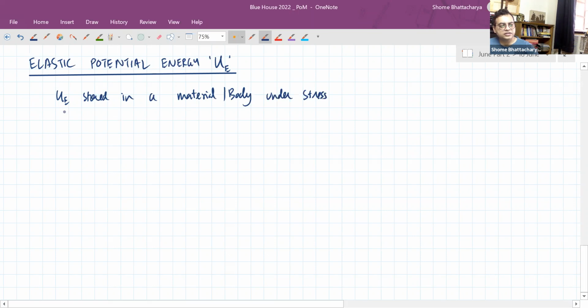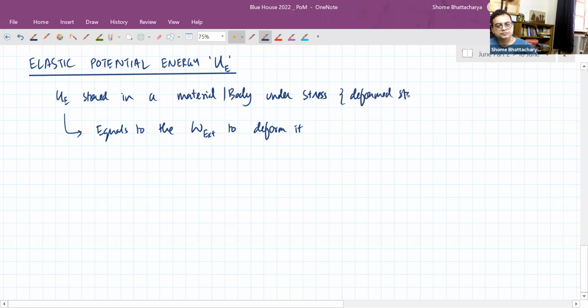This energy stored equals the work done by an external agent to deform it from its natural shape.